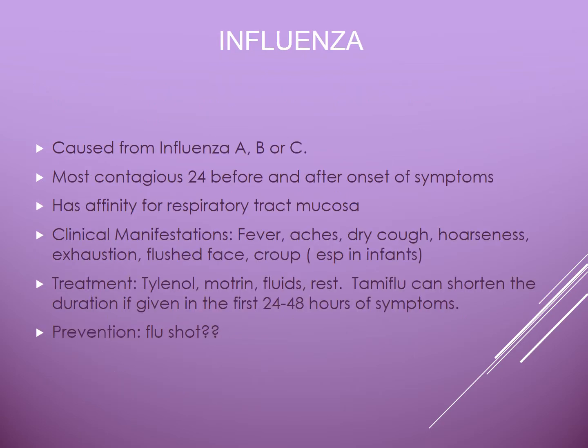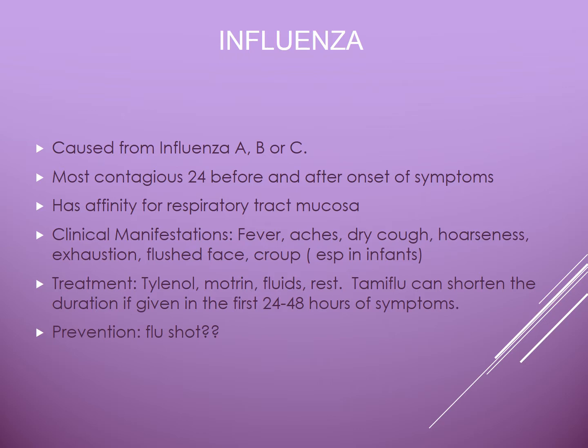So influenza. Whew. Do we not know enough about influenza already, folks, right? H1N1 or swine flu, pig flu, is a subtype of influenza A. It has a 1 to 3 day incubation period.